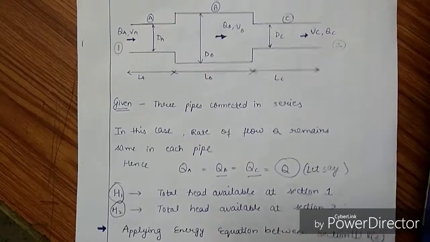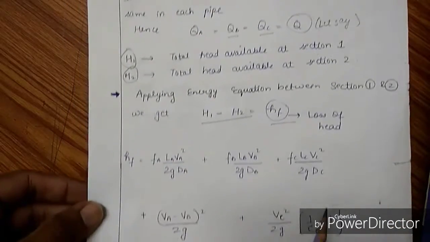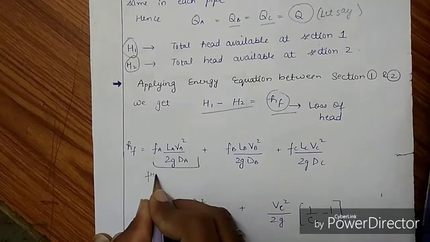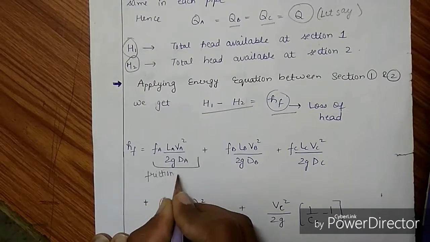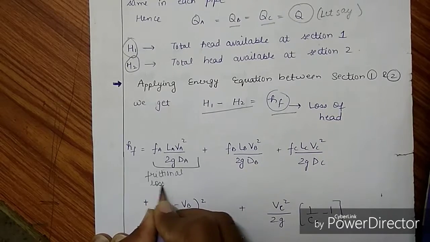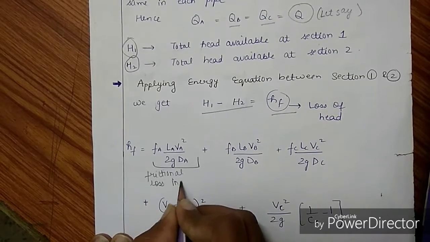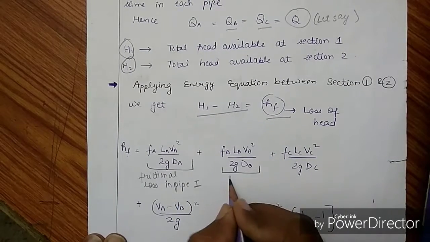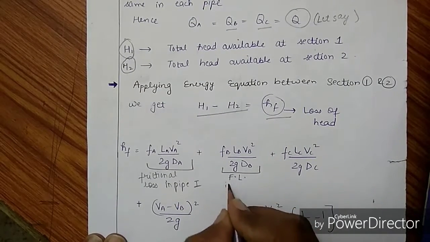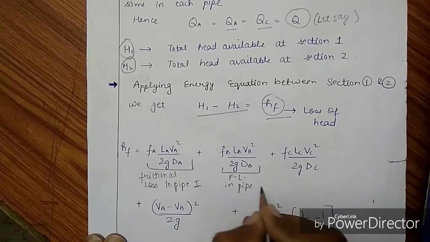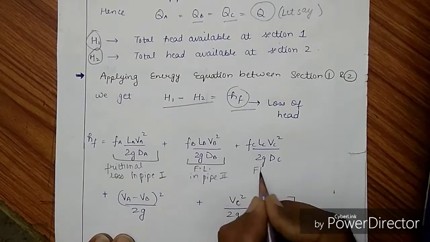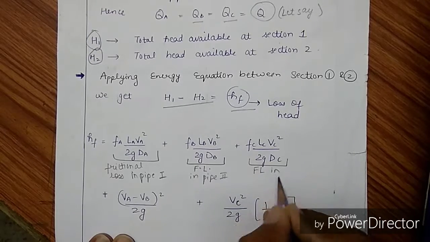So the major losses which can be incurred, the first one is the frictional loss in pipe 1. So this is the frictional loss in pipe 2 and this is the frictional loss in pipe 3.